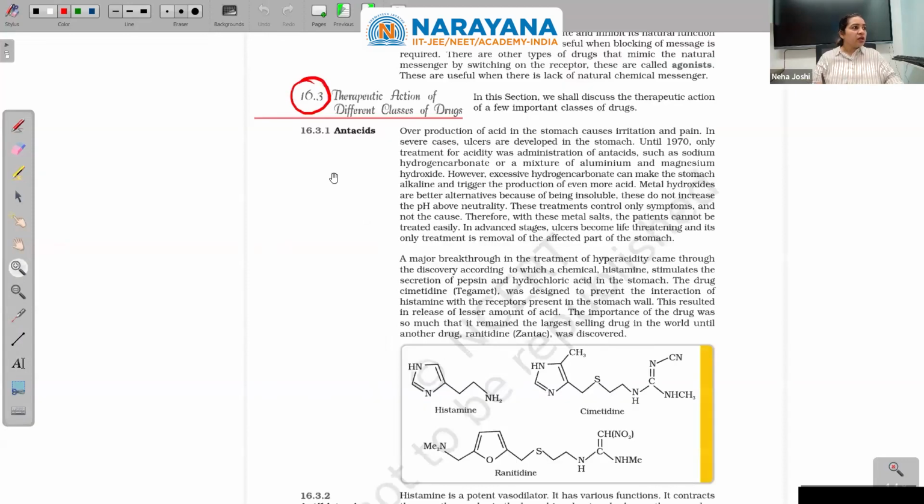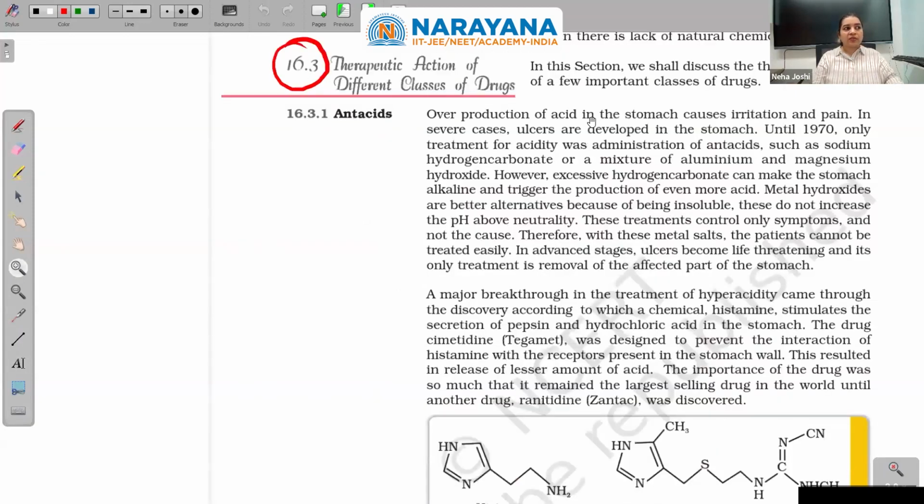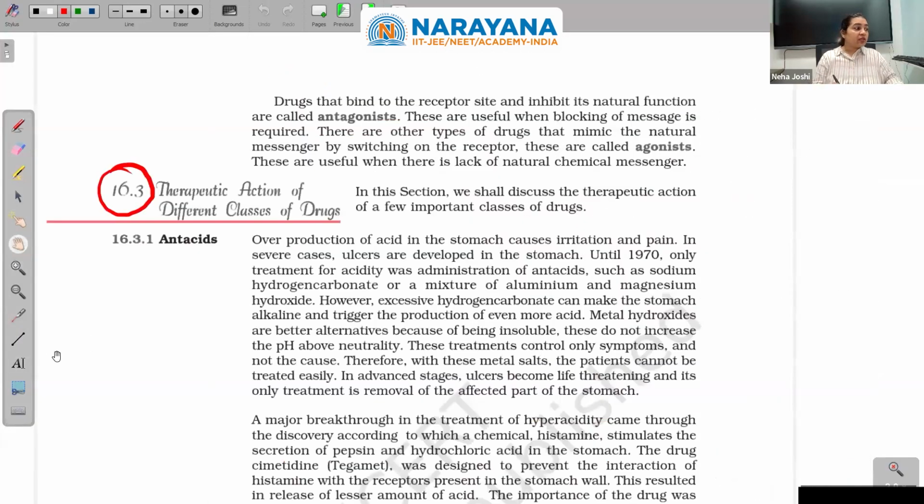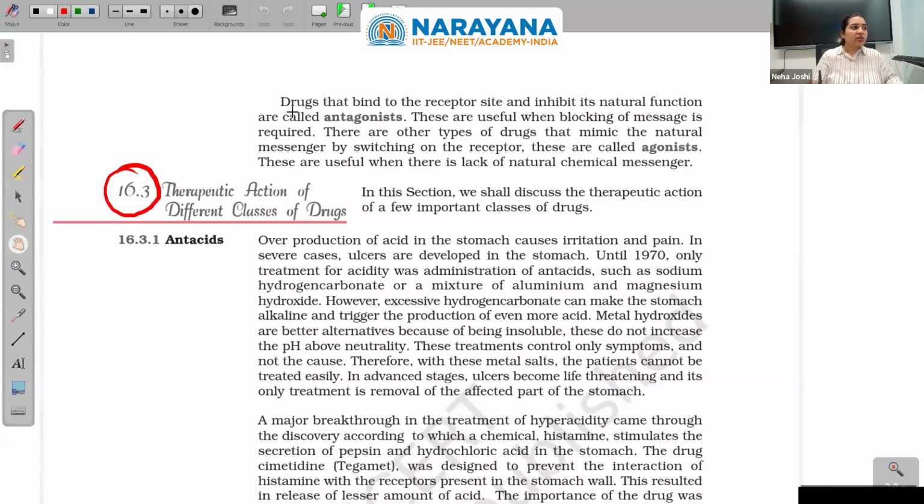Let me enlarge. Drugs that bind to the receptor site and inhibit its natural function are called antagonists. That means some chemical is coming and it will tell the cell to perform in a certain way, whether it is good or bad for the body.